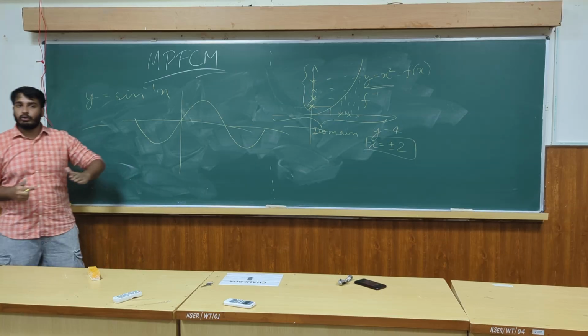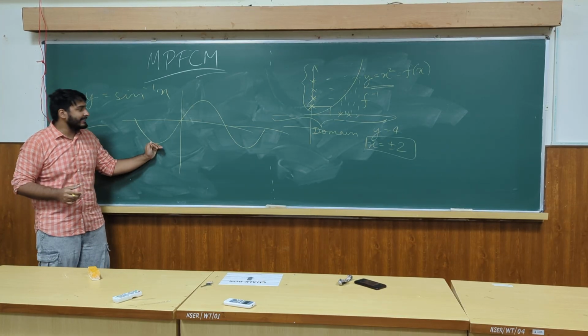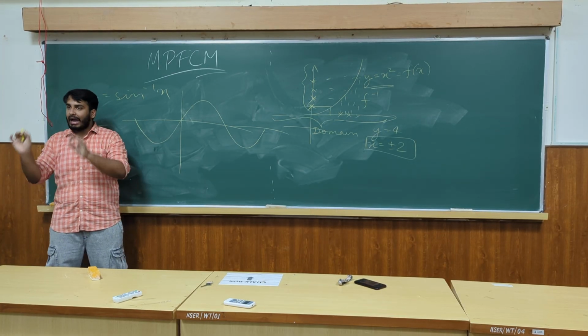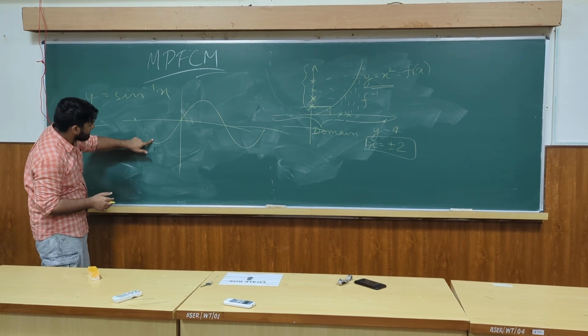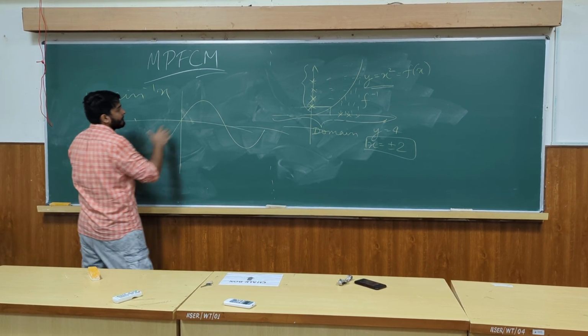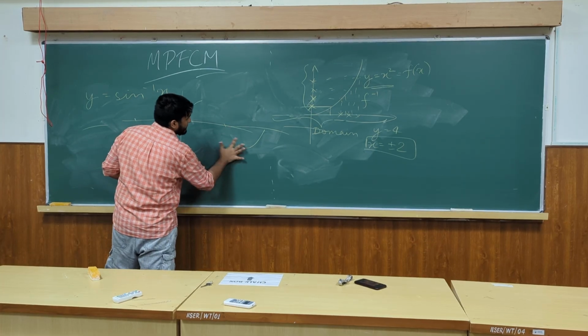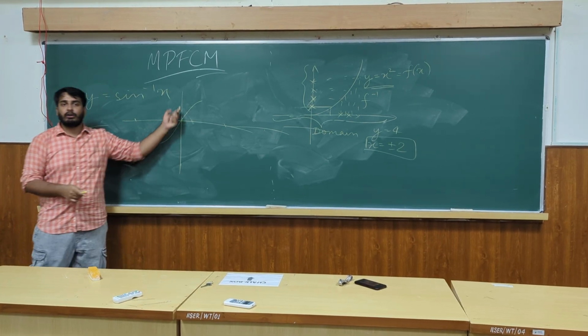So what we are going to do is, since we want that each value is uniquely mapped to some value in the domain, we only consider this part of the curve.